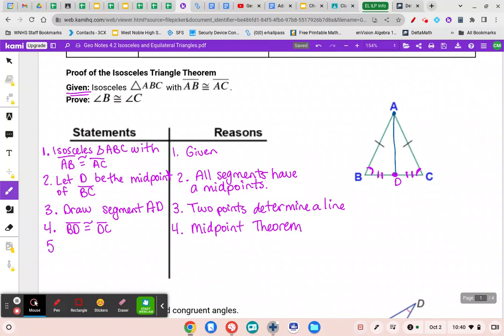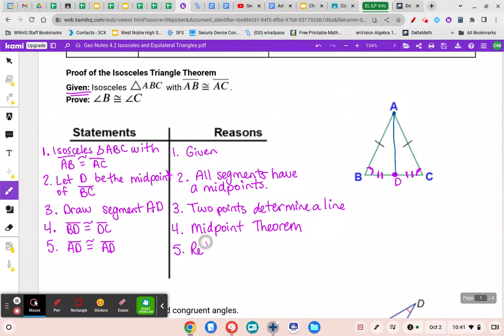We then know step 5 that AD is congruent to itself. This might be the first time we've seen this. I told you a couple weeks ago, more towards the beginning of the year, that we would see this property when it comes to proofs, and it would seem silly, but we have to state it to make a complete proof.